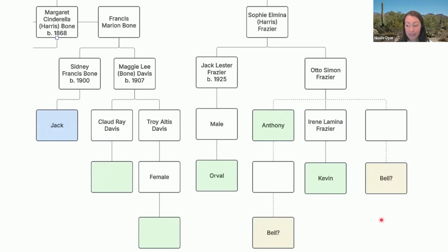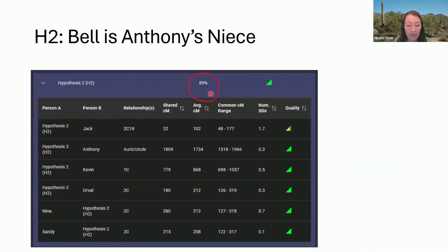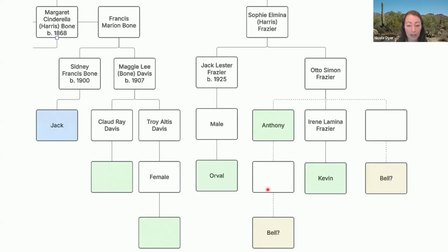Now, after doing this, I decided to go ahead and add in a couple more known matches that match Belle and Jack, and I added them to my Banyan DNA diagram and ran the calculation again, and I got a little bit of a higher result for hypothesis 2, where Belle is the niece of Anthony and the first cousin of Kevin.